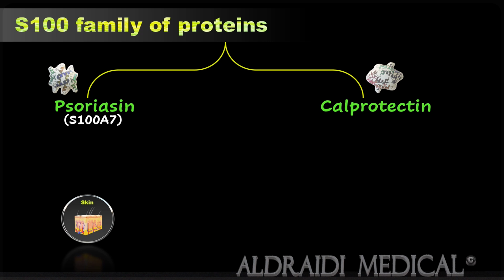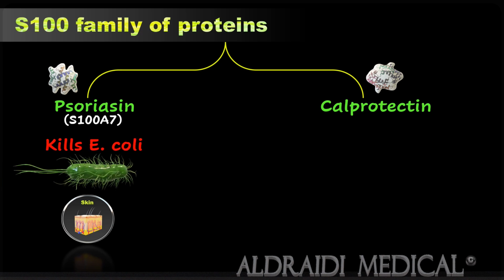Psoriasin is a potent antimicrobial protein against different pathogenic bacteria, particularly against E. coli, and that's why human skin is resistant to colonization by E. coli, despite exposure to it from fecal matter resulting from lack of cleanliness or poor sanitation.